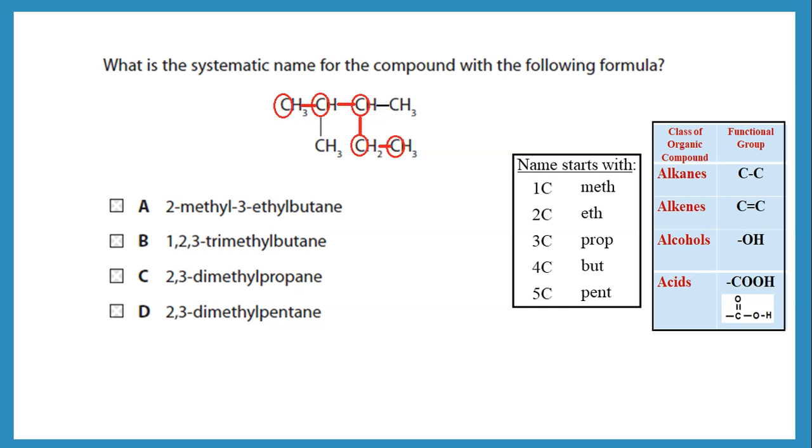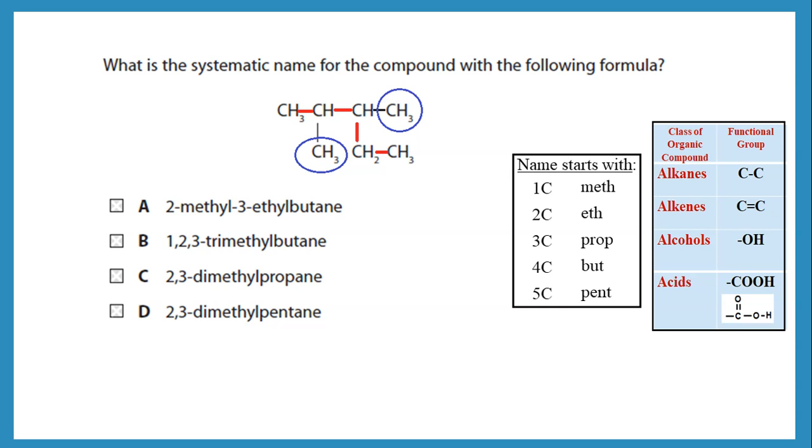Now, then we look at the substituents. Substituents are the groups that are not on that chain. So here I have 2. Each of them is a methyl group. We said CH3 is a methyl group. I have 2 of them, so it's a dimethyl. And then for each substituent, I need to put a number to indicate its position.